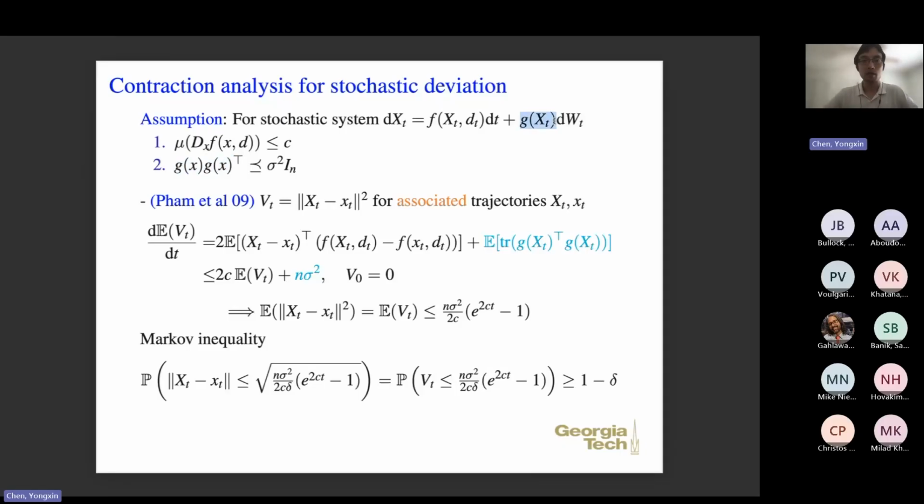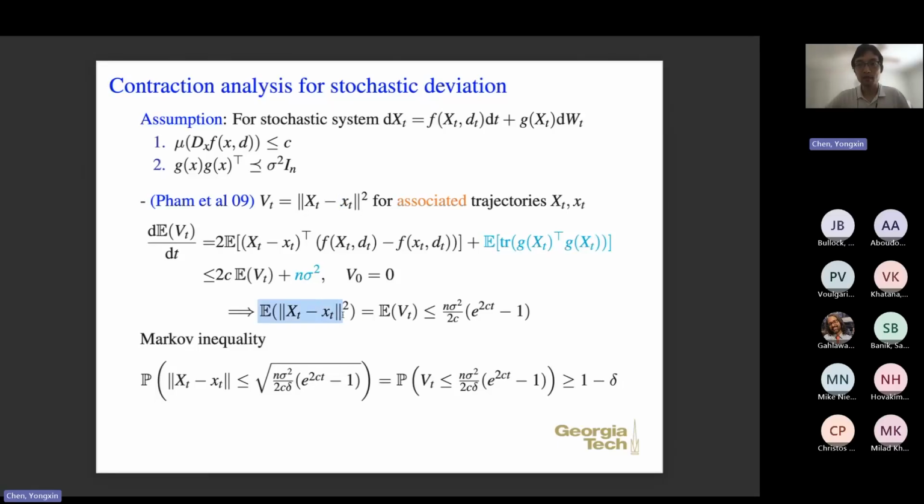That is a standard assumption. People have done this a long time ago. You can still use the distance between the stochastic trajectory and the deterministic trajectory as your energy function. Then you can calculate the energy function evolution, and you need a little bit of Ito calculus here, but it's a standard calculation, so you can conclude.